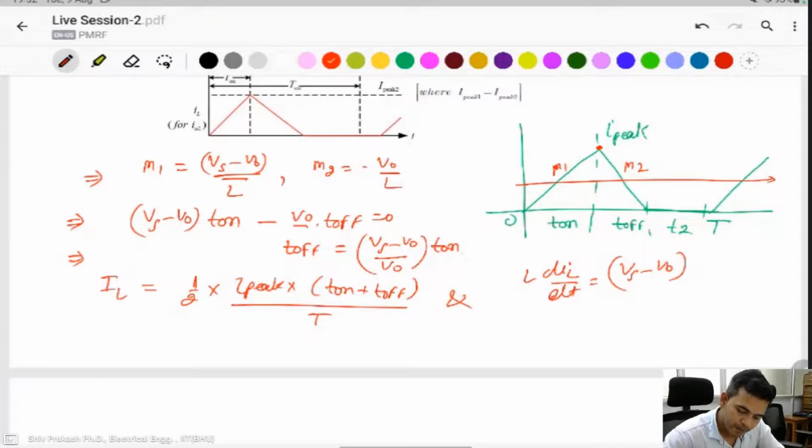Then we find I peak is equal to (Vs minus V naught) divided by L into T on. Put T on here.